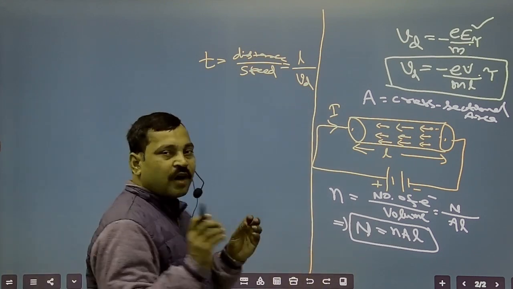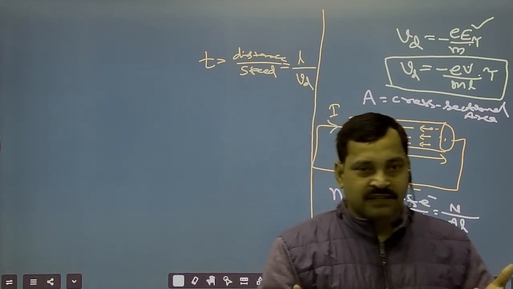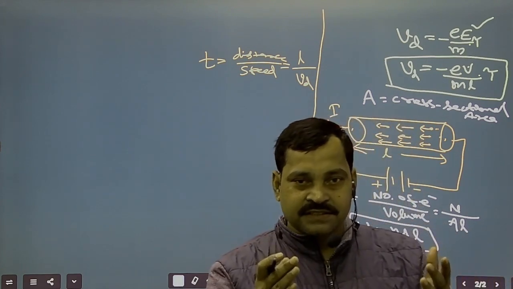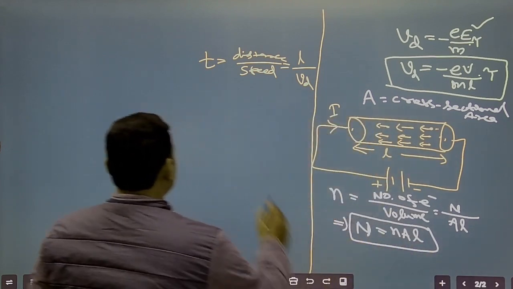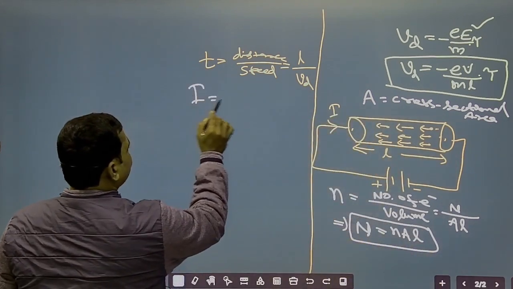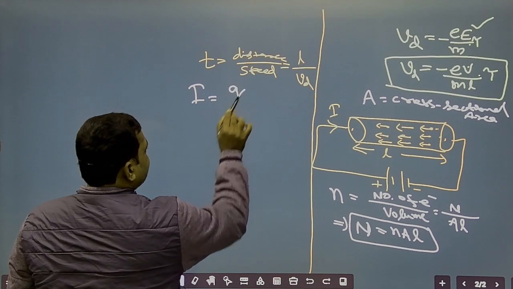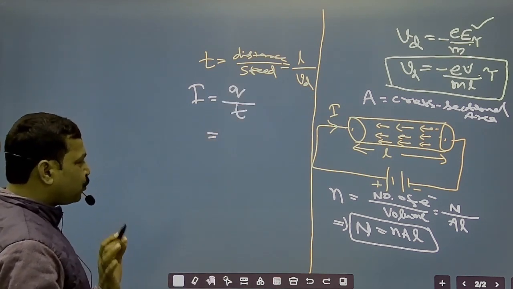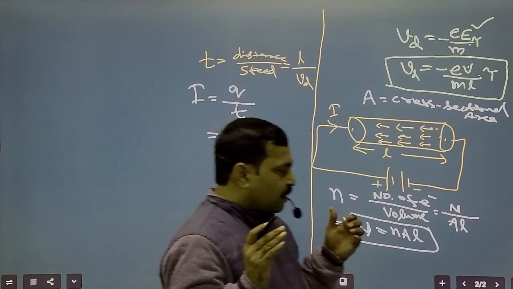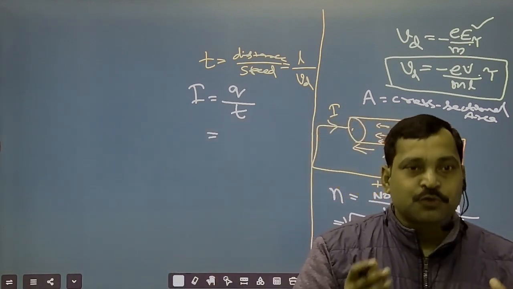Now you know what is current? Current is total charge flowing per unit time. So here we can get the current I equal to the total charge upon time. So what will be the total charge? You know the property of charge, that is quantization.